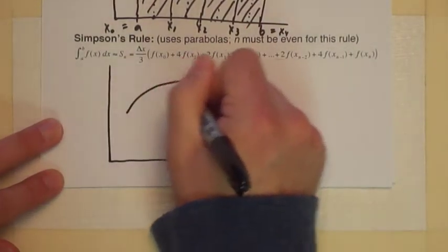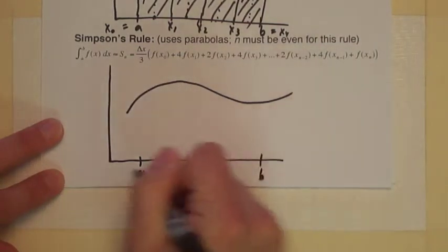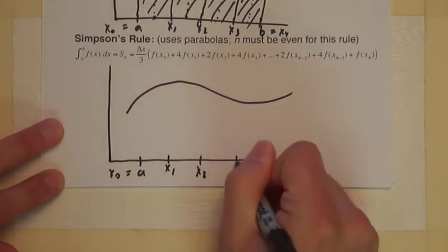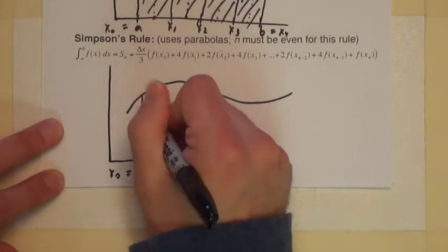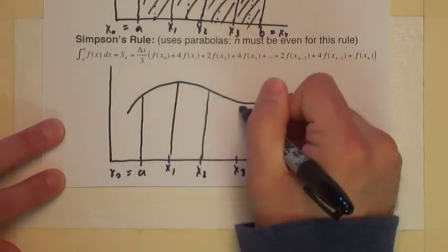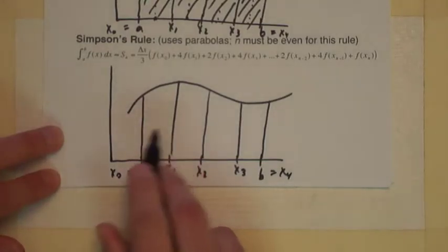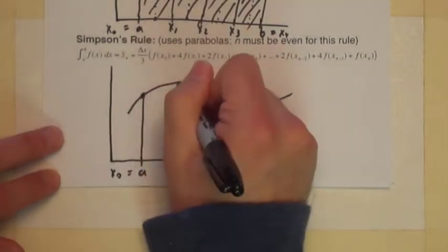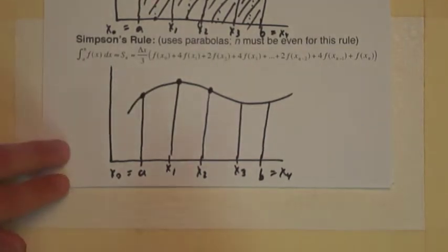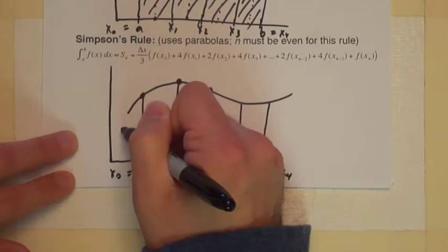Again, we'll draw our curve from A to B. A will be x0, B will be x4. And what we're going to do for each pair of regions here is, instead, put a parabola through these 3 points.